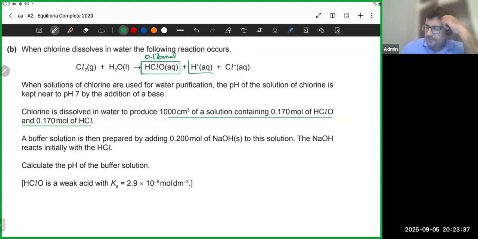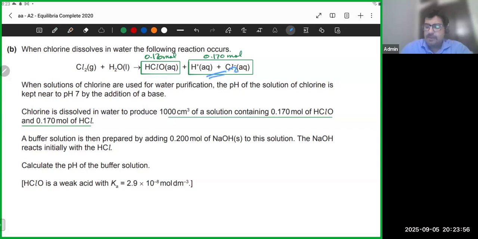And they've shown HCl dissociated, so HCl is a strong acid, although we know it's a strong acid anyway. HClO is an acid as well, but it's not dissociated, so it's probably a weak acid.